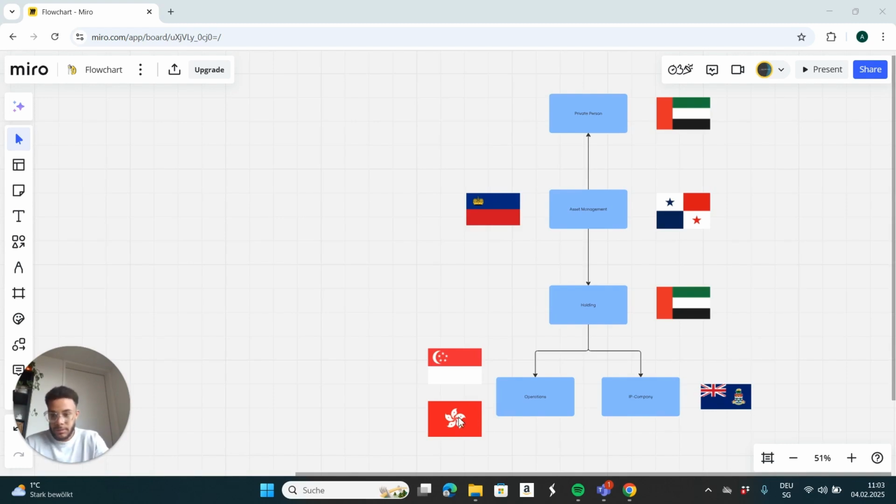For profits you made in Hong Kong or in Singapore respectively, you would need to pay taxes, but not for international profits. That's why you would bundle all your activities in Singapore and in Hong Kong. It would mean in effect that your customers pay the Singaporean or the Hong Kong company for their services or their products. Next to that, you would have your IP company in the Caymans.